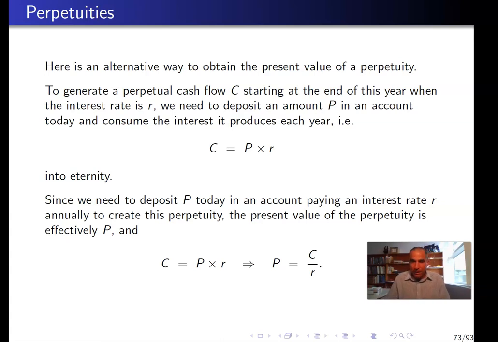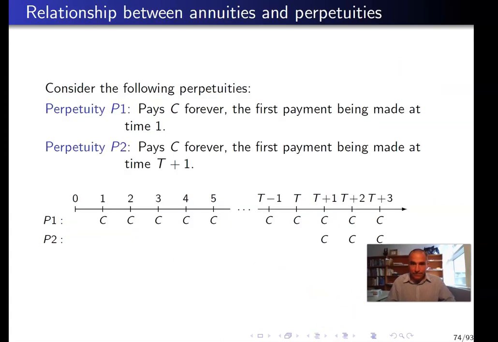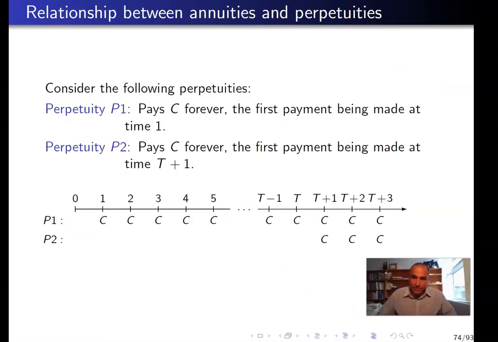Then we take the limit of the present value equation when T goes to infinity. And we can also obtain the present value equation of a finite annuity by constructing it using two different perpetuities.